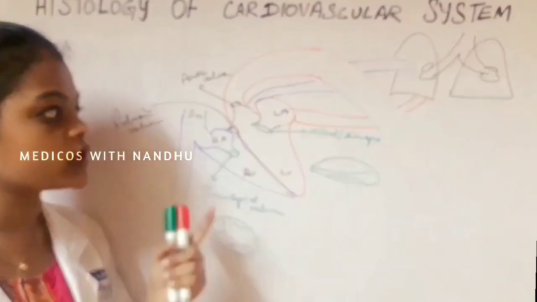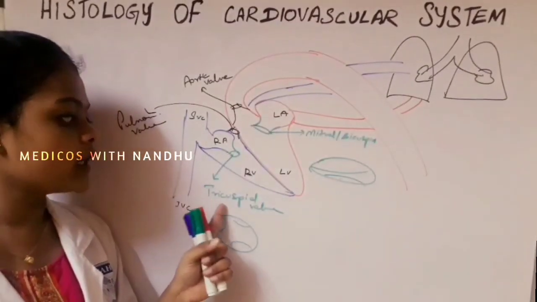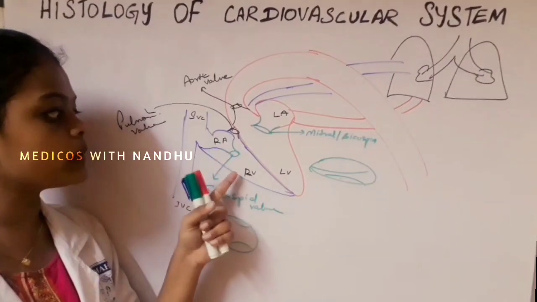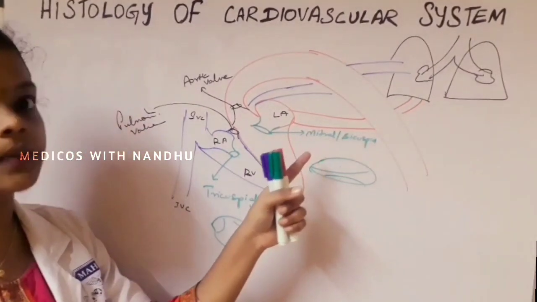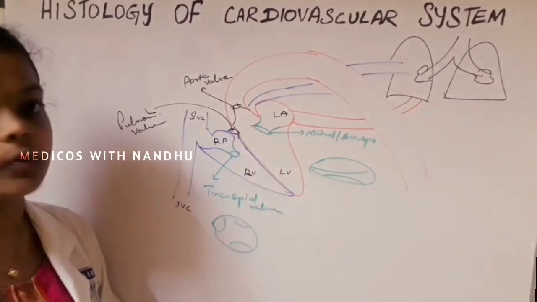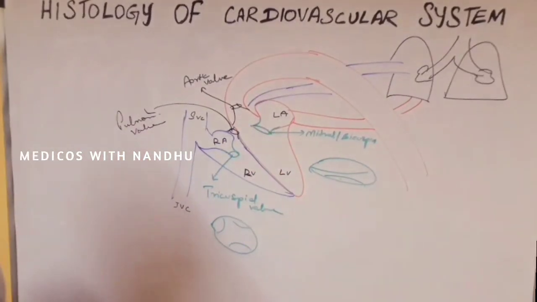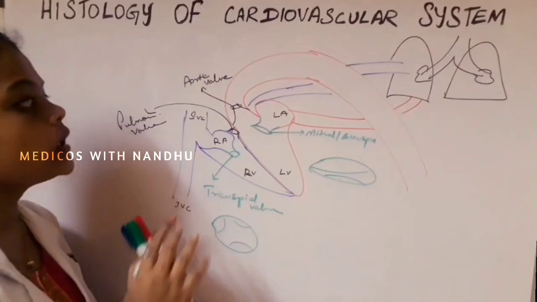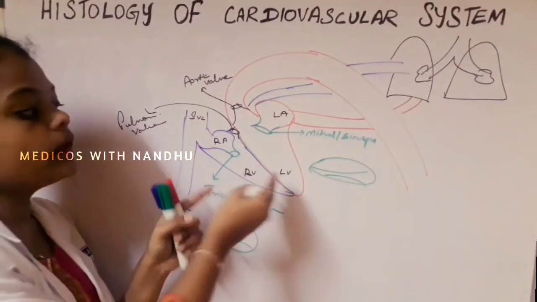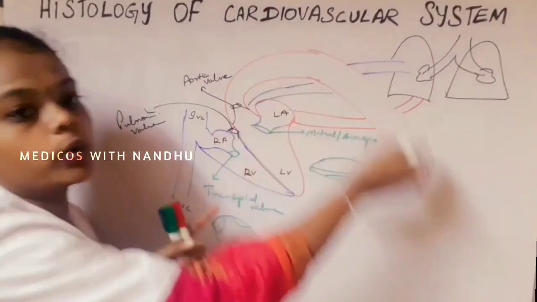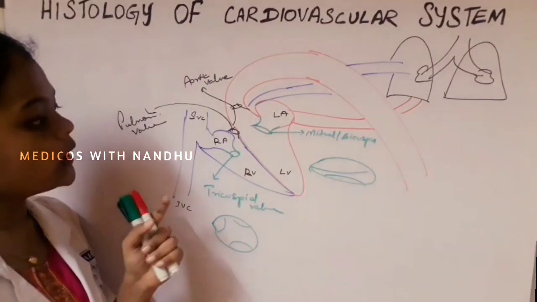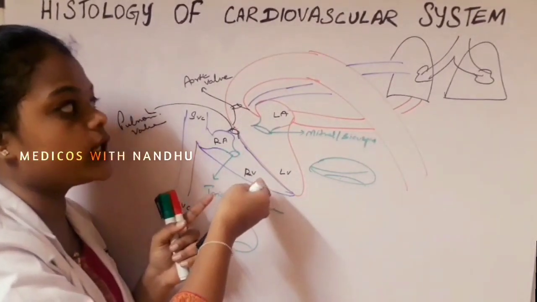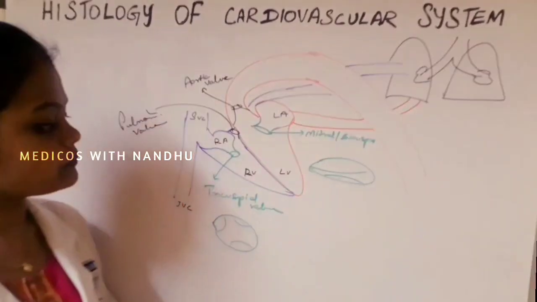The input valves are the mitral or bicuspid valve, and the tricuspid valve which is present between the right atrium and the right ventricle. The mitral valve is present between the left atrium and the left ventricle. And the two output valves are the aortic valve, present between the left ventricle and the aorta, and the pulmonary valve, present between the right ventricle and the lungs.